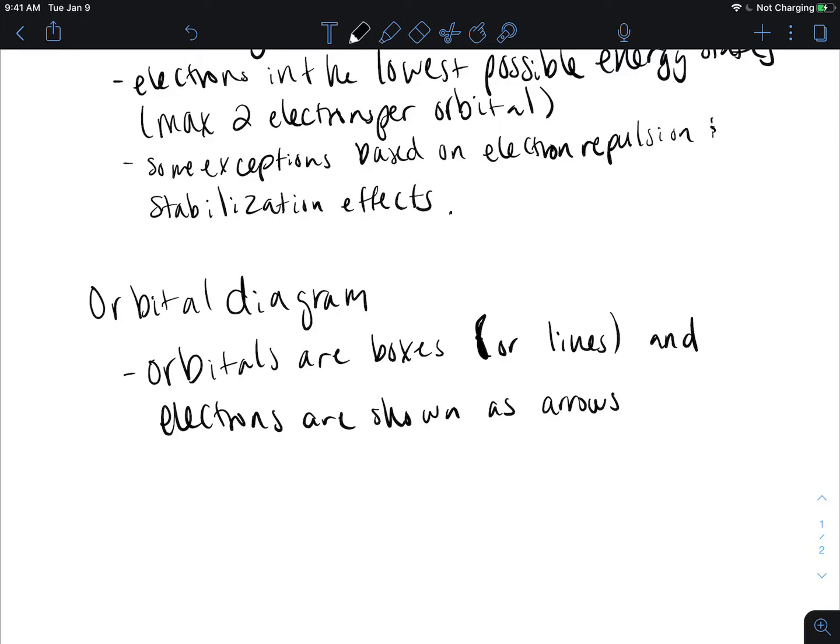Okay, so we'll indicate our spin up or spin down, keeping in mind our Pauli exclusion principle, and keeping in mind our Aufbau principle.